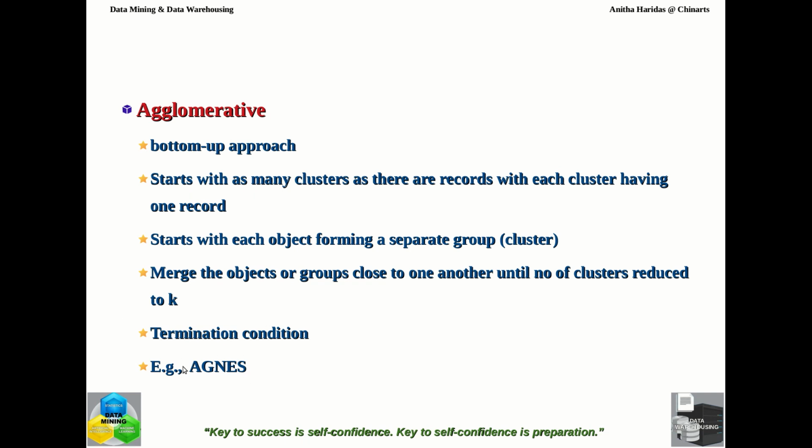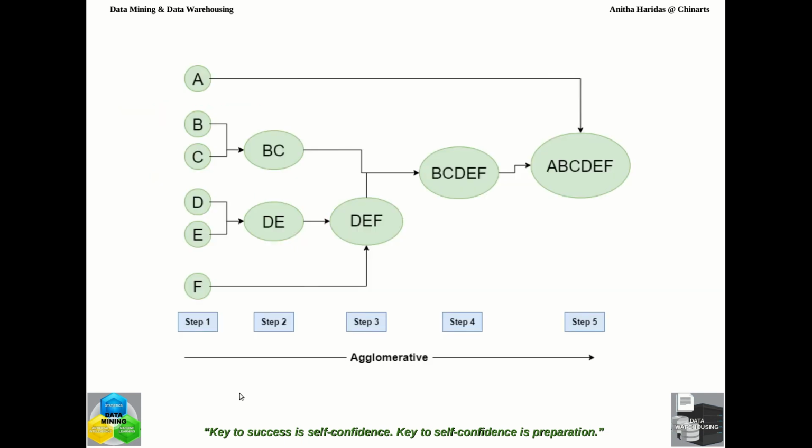And Agnes is one of the very popular algorithms that does agglomerative hierarchical clustering. So this is agglomerative. I have this many data points. Each data point is now in a separate cluster. Then you start merging the clusters. I get D and E are similar, so I put them together.